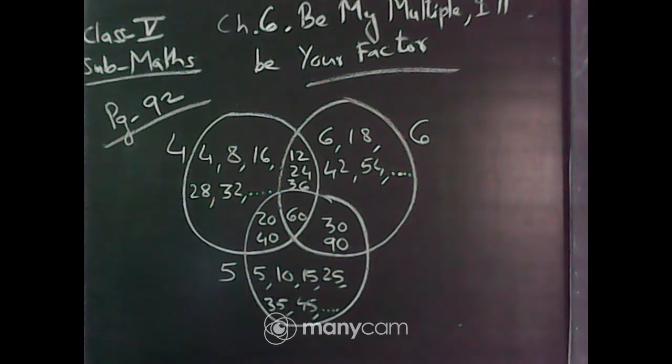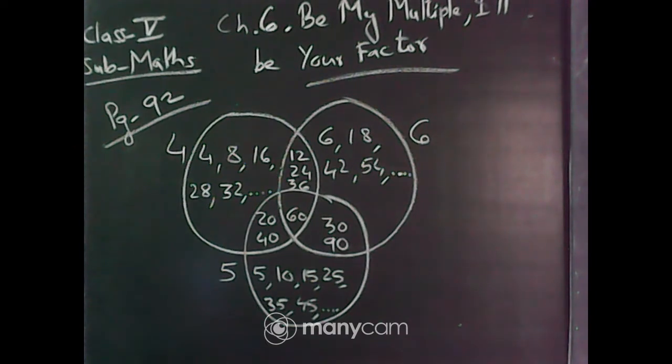Then see the first question. What common multiples of 5 and 6 did you write in the green part? The green part is common for 5 and 6. So what have you written?